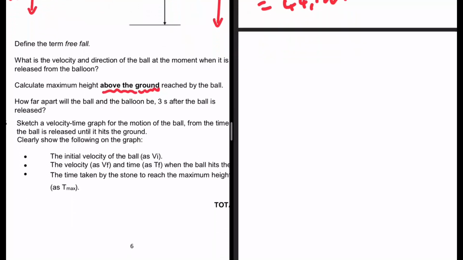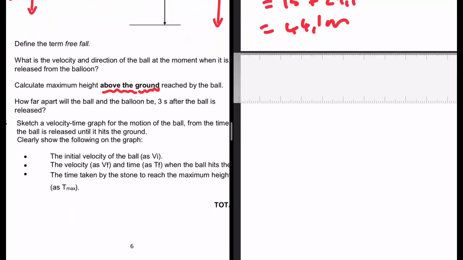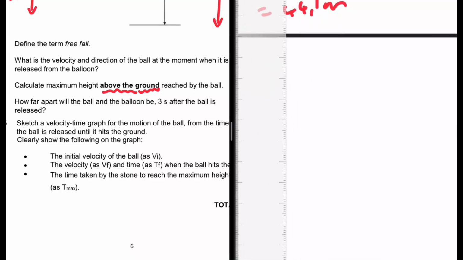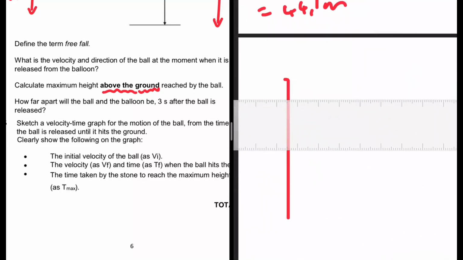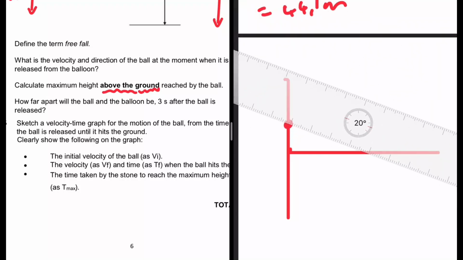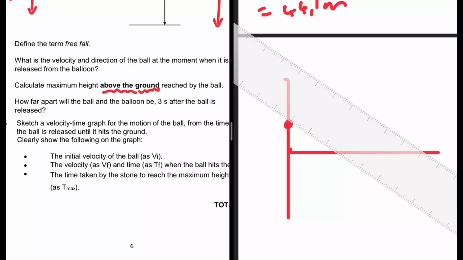We're supposed to sketch a velocity time graph for the motion of the ball, right? And then we're supposed to just indicate the initial velocity as Vi and not put the actual value. Okay, so let's say it starts somewhere there and then it goes to reach maximum height and then it goes to strike the ground.